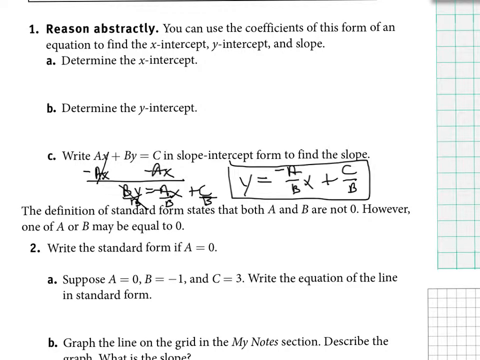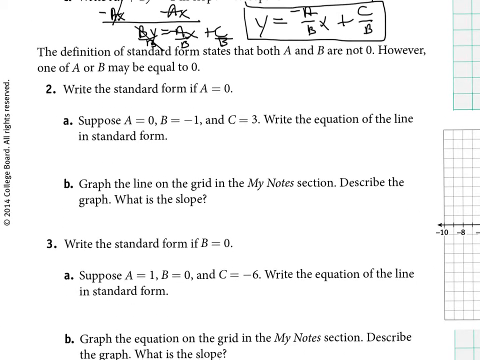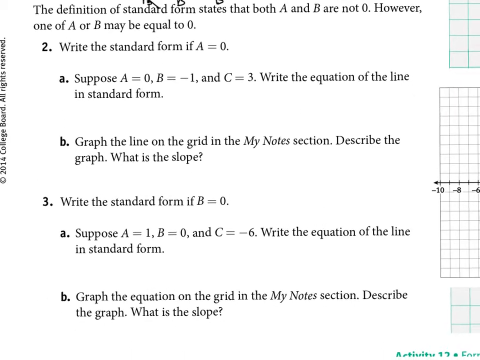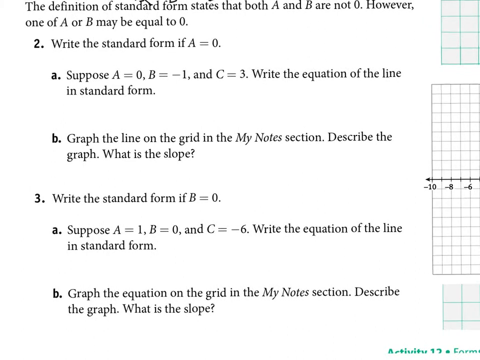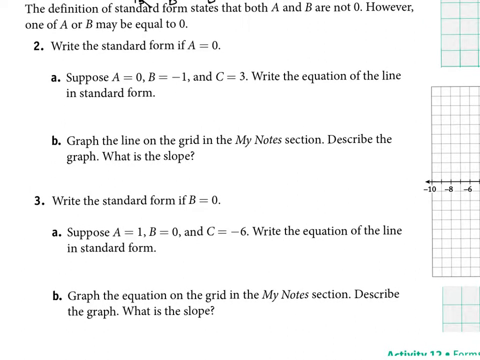Now let's actually look at it with some numbers, because it looks pretty complicated when you have just letters. When we look at it with just numbers, it's much easier. It says write the standard form if a were to equal 0. So here again is our standard form, ax plus by equals c. Now a equals 0, so I have 0x plus, and then b is -1, -1y equals c, which is 3.